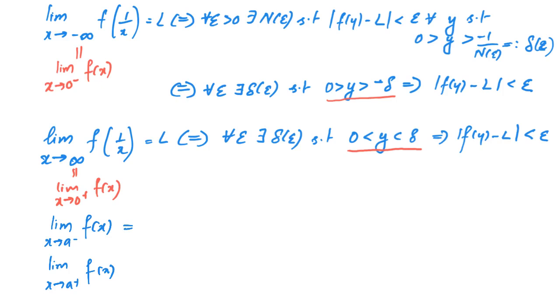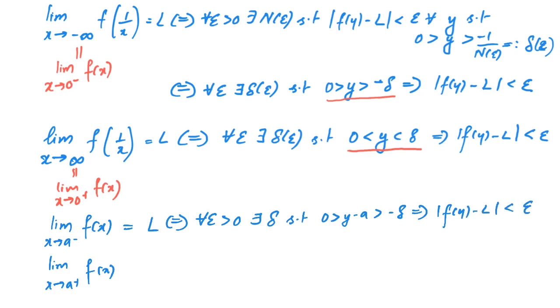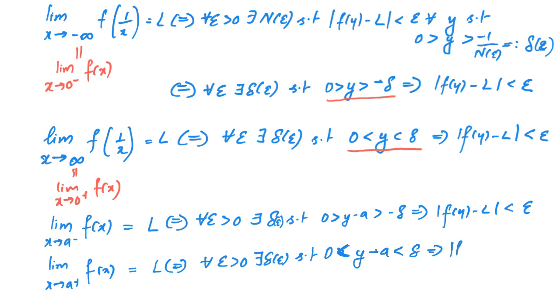More precisely, we say limit x tends to a minus f of x is equal to L if and only if for every epsilon greater than 0 there exists a delta such that 0 is greater than y minus a is greater than minus delta, implies that mod of f of y minus L is less than epsilon, and limit x tends to a plus f of x equal to L if and only if for every epsilon greater than 0 there exists a delta, and this delta depends on epsilon in both the cases, such that 0 is less than y minus a is less than delta, implies that mod of f of y minus L is less than epsilon.